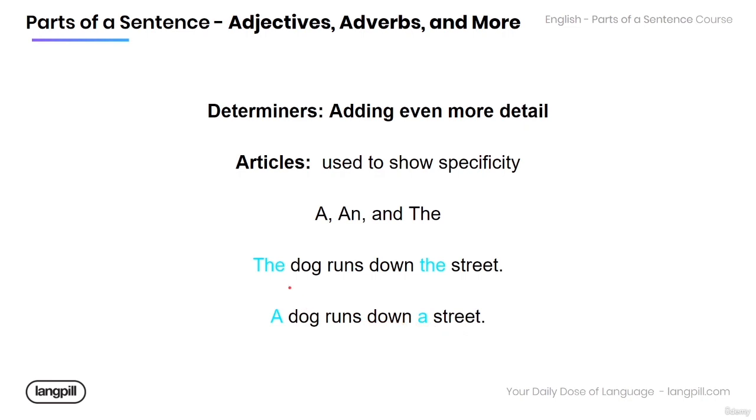Maybe to someone who hasn't spoken English very long, this might be the same, but actually it's a little different. When I say the dog runs down the street, it's more specific, right? The dog. We're talking about a specific dog. But if I say a dog runs down a street, to me, that sounds like just any dog is running down any street. Not specific.